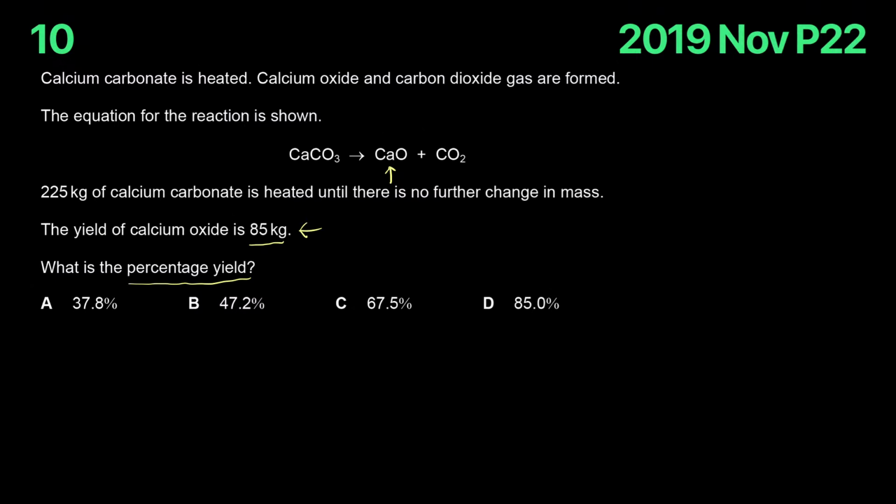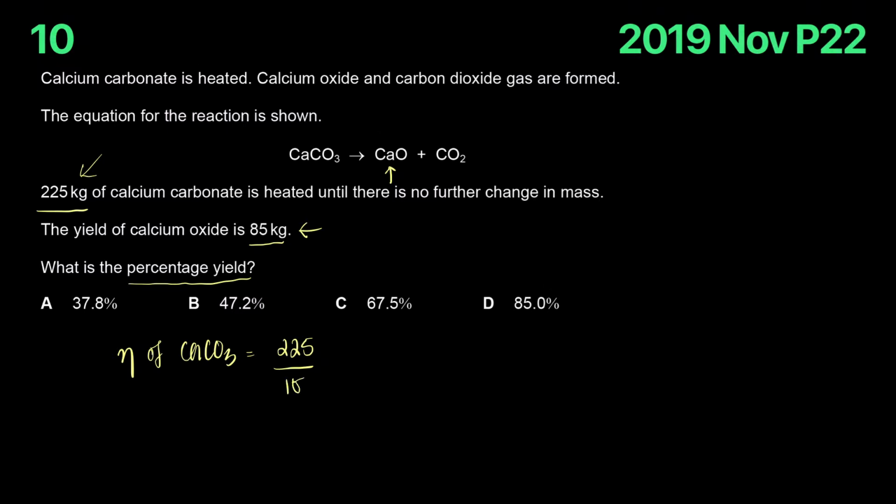So how much would it form? You have 225 kilograms. So how many moles are those? Moles of calcium carbonate. When I see a kilogram, especially in MCQs, I'll just take 225. I'll be aware they're talking about kilograms, but I won't convert it.